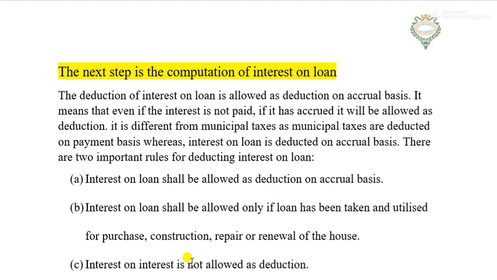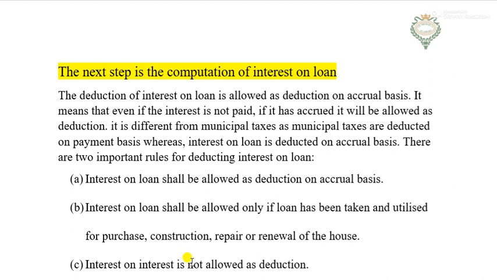Okay, so the next step, as you can see in the format, is the interest on loan, right? So let's learn the rules for charging interest on loan as deduction. Interest on loan means if the assessee has taken any loan for house property for four purposes, right?